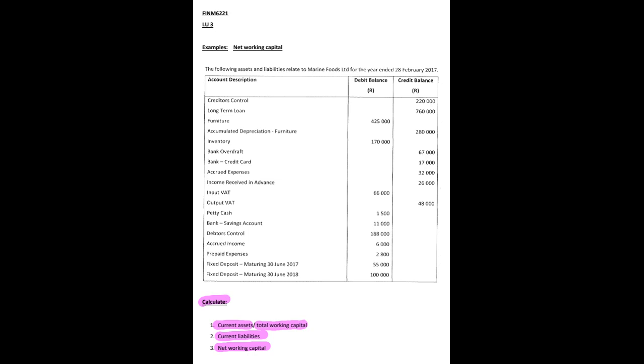Your net working capital, which is what we are calculating here, is calculated using the following formula: your current assets less your current liabilities. It is a measure of whether the business has the ability to continue its day-to-day operations.